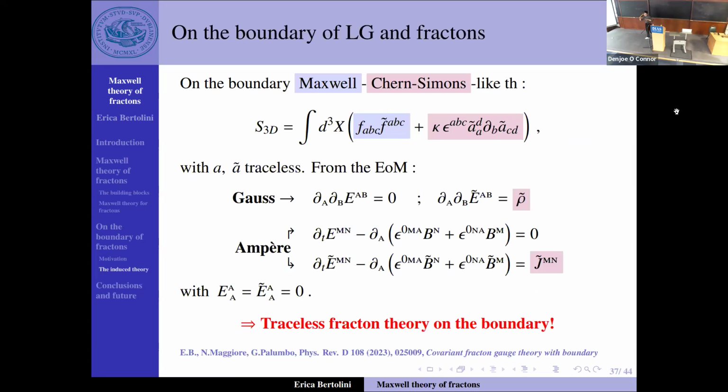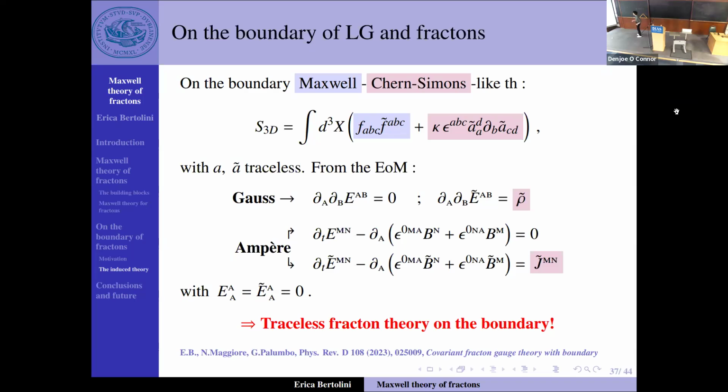Just doing all the computation I showed you in the Chern-Simons case, we land on this three-dimensional, 2 plus 1 dimensional theory, which is a Maxwell-Chern-Simons-like theory, meaning this part is Maxwell-like and this is Chern-Simons-like, but they are written in terms of a rank 2 traceless symmetric tensor. So again, it's a higher rank theory. From this, the equations of motion are Maxwell-like, one for each field.